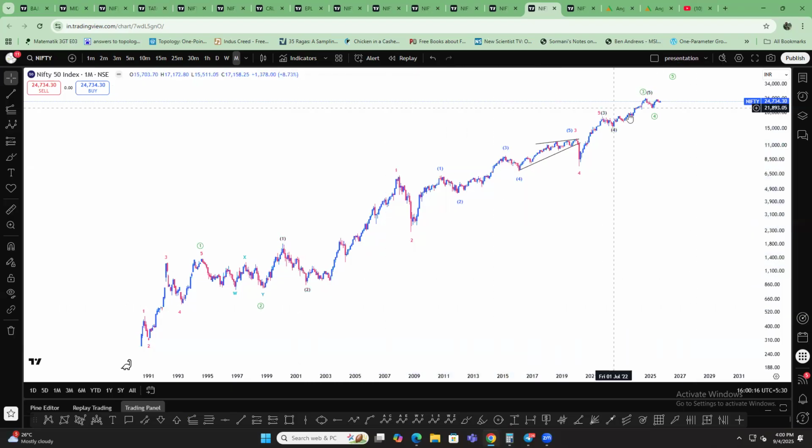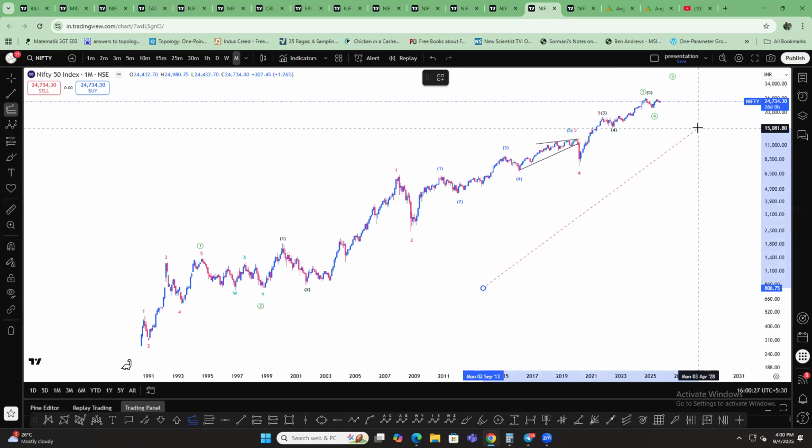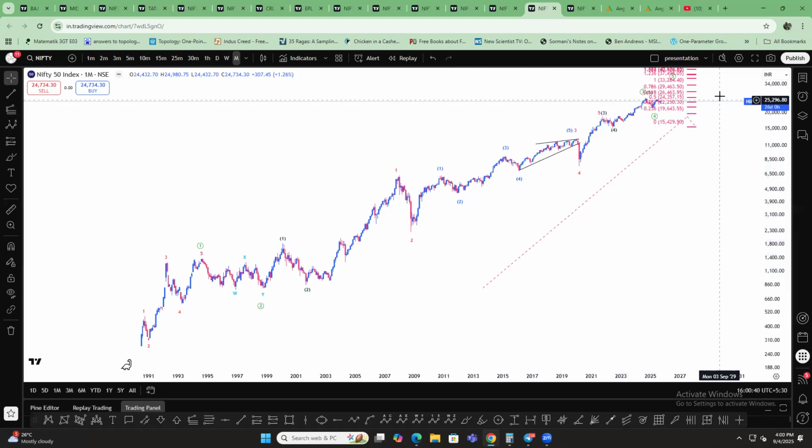Okay, so these wave 5, if you want to project, will again start from here, from 1 to 3, 4, and 61.8% is coming up at 26,463, where it has exactly made the top. Okay, you can see that, right?